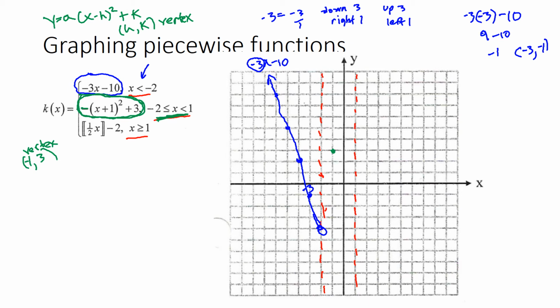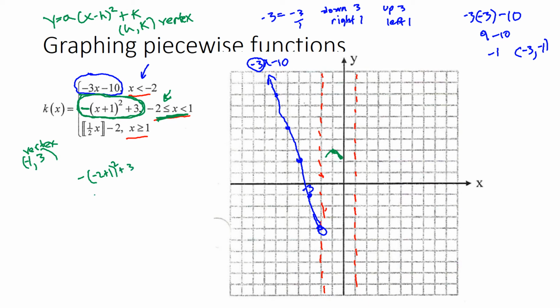The fact that we have a negative sign here tells us that the parabola is going to be facing down, so we expect that it's going to face down. If we evaluated at -2, we would have the negative of -2 plus 1 squared plus 3.